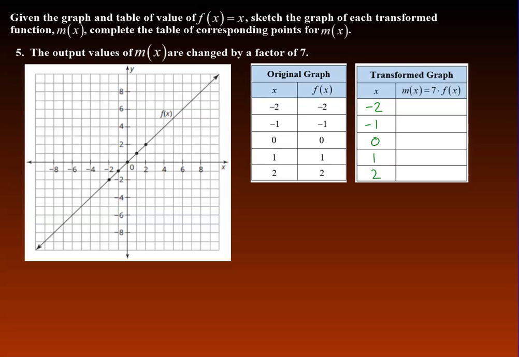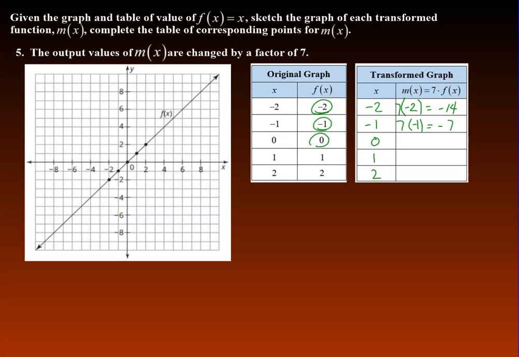But my y values, or my f of x values, started at -2, and we're multiplying it by 7. Well, -2 times 7 is -14. And then our next f of x value is -1, so we have 7 times -1 equals -7.